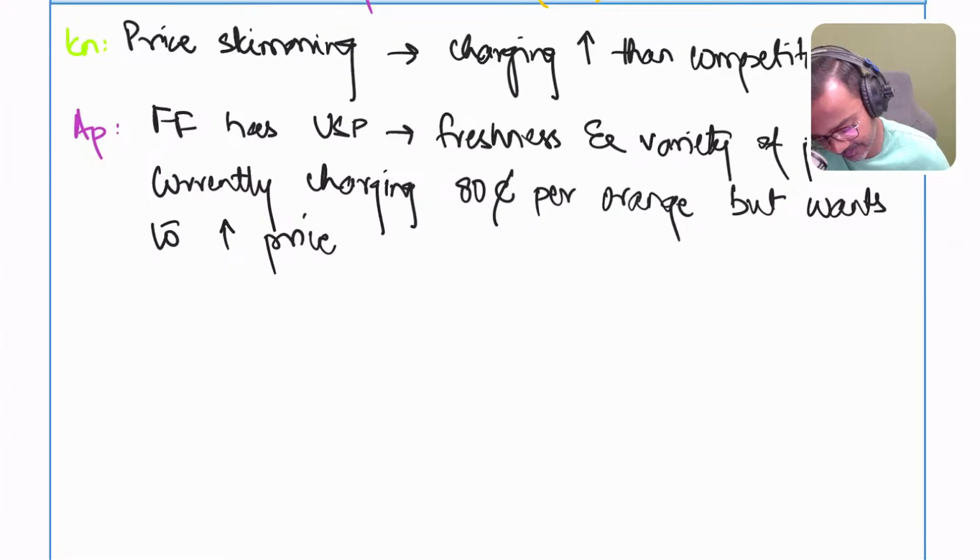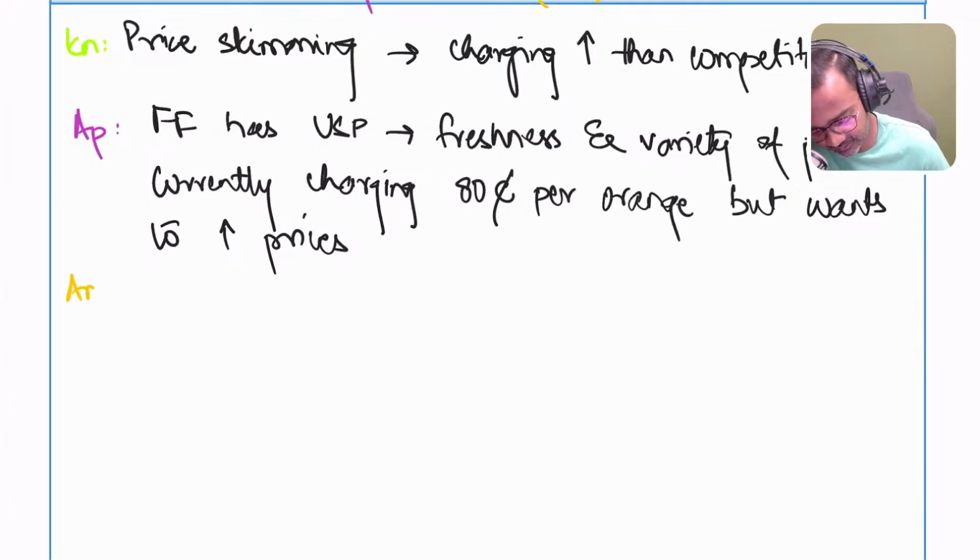So just application is setting up the situation. What is happening? What is he currently charging? Then what does he already have to make him consider going for price skimming? So because he's at an 80-cent price, he's fresh, and so on.